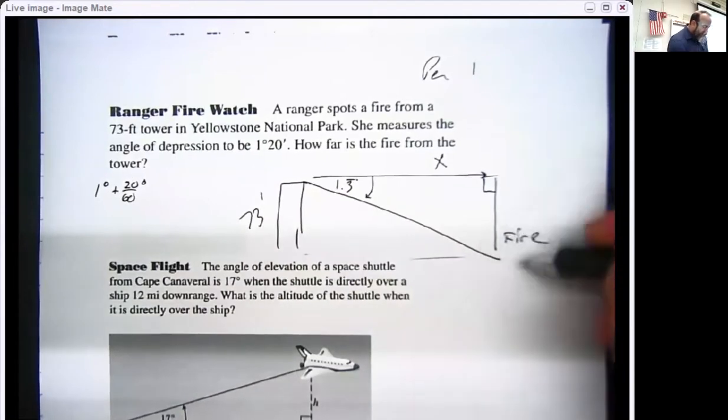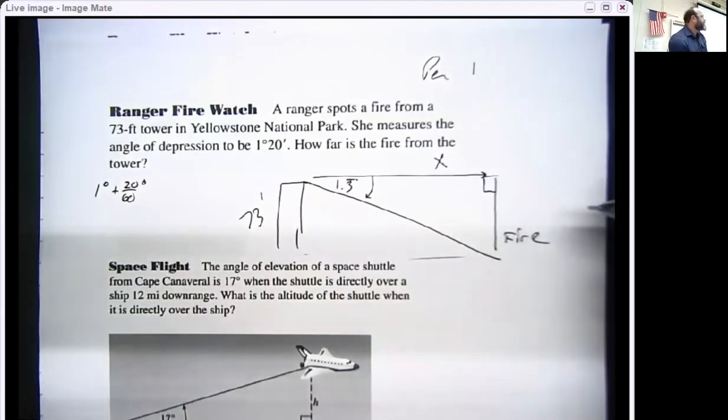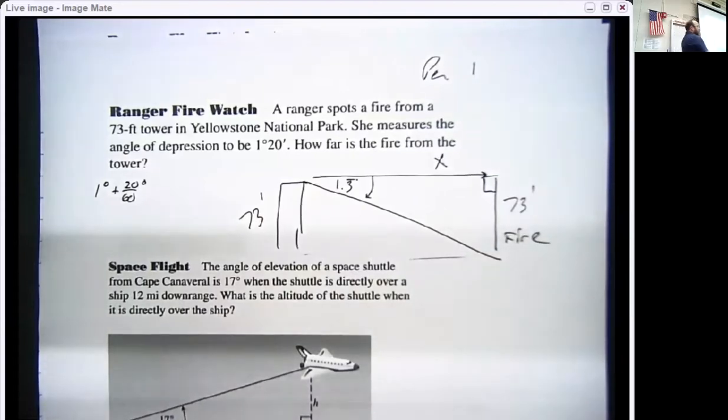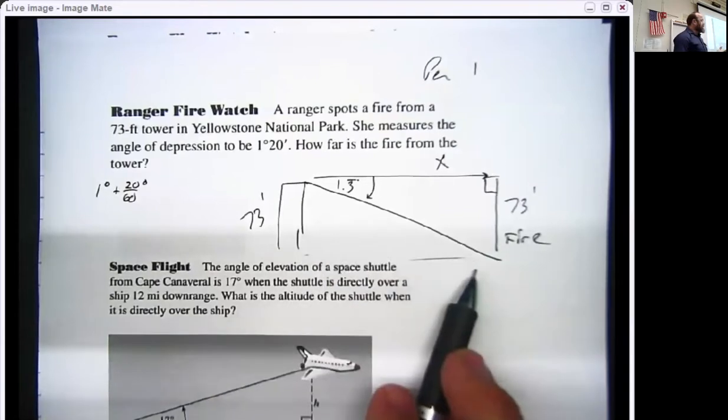And do we know what this distance is right here? 73 feet, sure. So what trig ratio would that be? Is that a sine, a cosine, or a tangent? SOHCAHTOA. Is it opposite and hypotenuse, cosine adjacent and hypotenuse, or is it a tangent, opposite and adjacent? It definitely is a tangent, because what's not labeled? See how the hypotenuse is missing? Not there. It has to be a tangent.